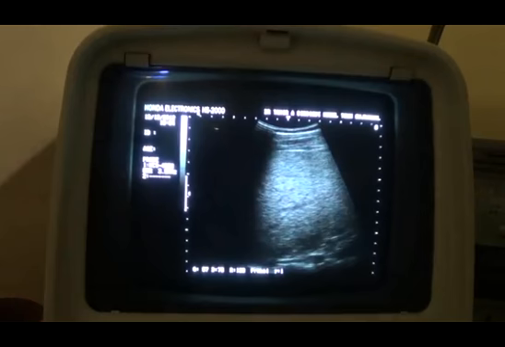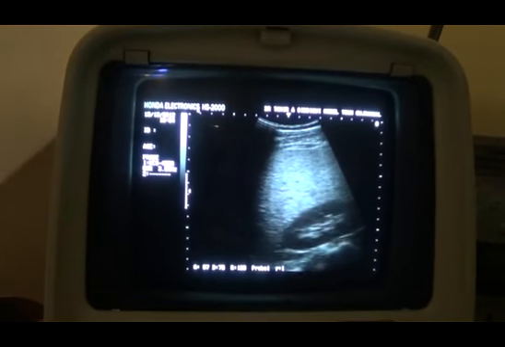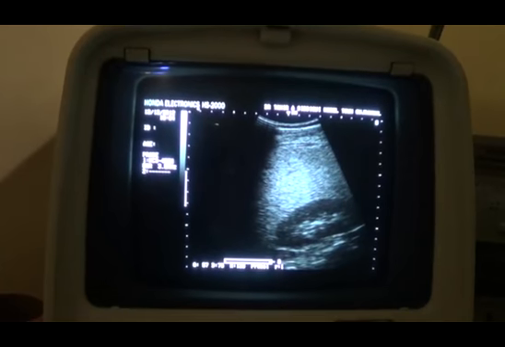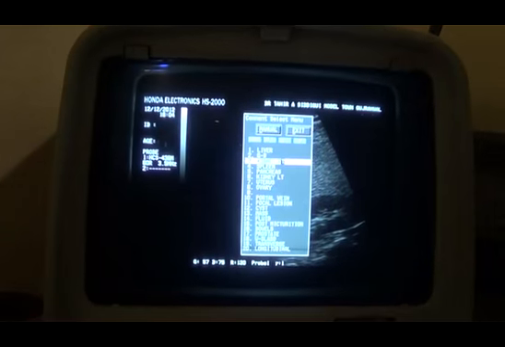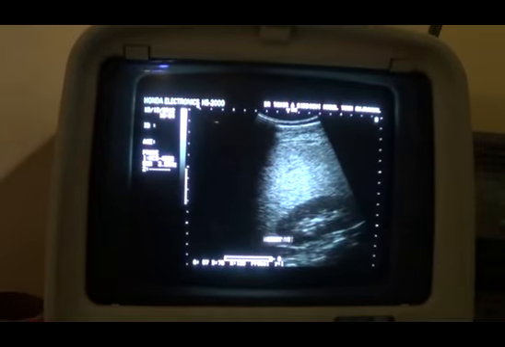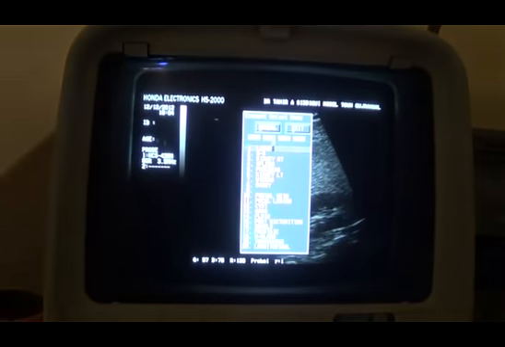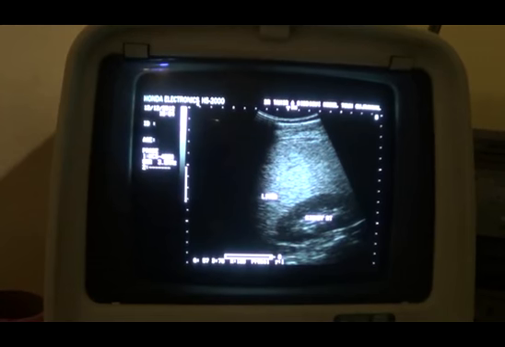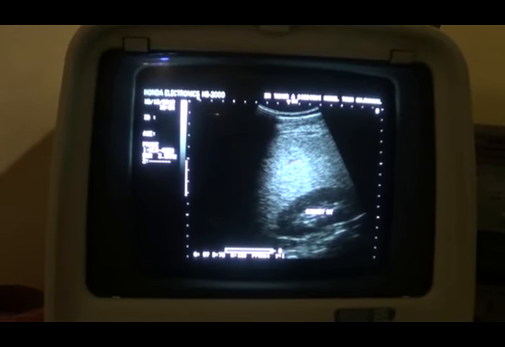Here, we will compare the echo brightness of the liver with that of the right kidney. This is the right kidney, and this is the liver. It shows diffuse increased parenchymal echogenicity.